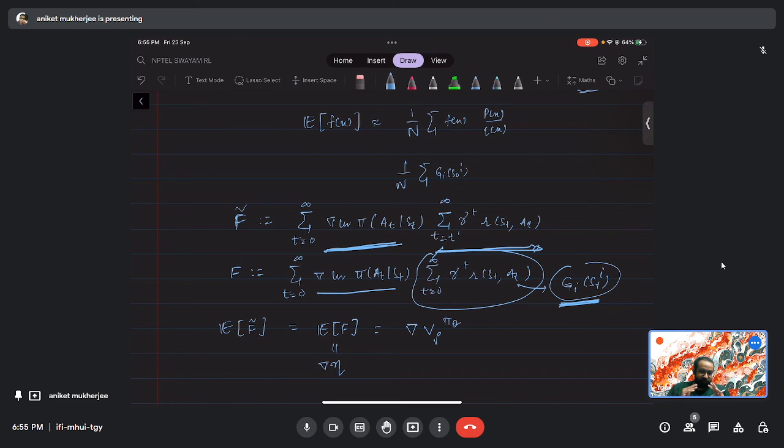It is not very straightforward, but I hope you see that there is a proof for this. I thought I would do the proof, but maybe I can attach it as additional resources. Okay, I'll write it down in these notes and post it on the Google Drive. And this gives you importance sampling of the policy weight.